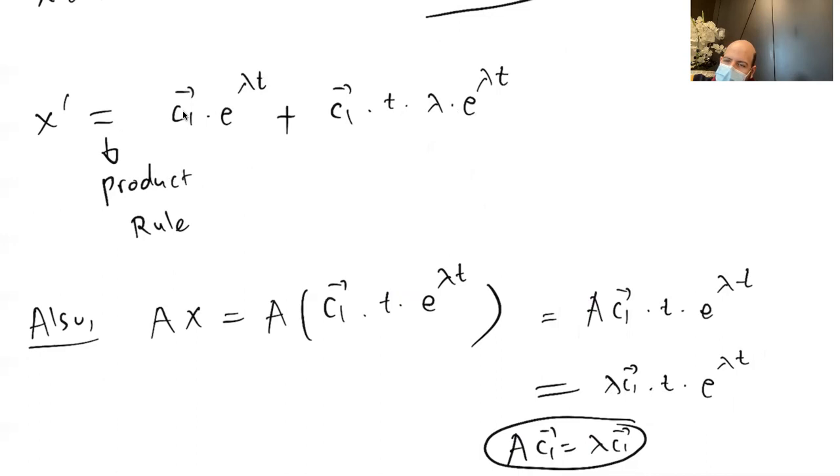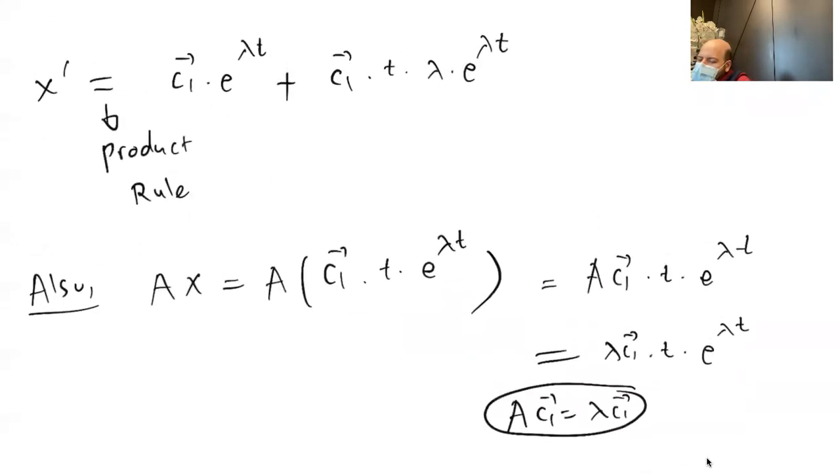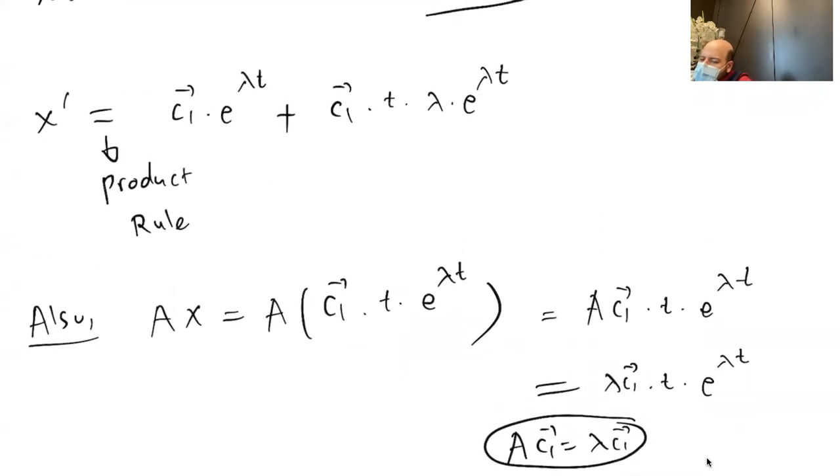Eigenvectors are always non-zero, and exponential functions are also always non-zero. So this part is non-zero, and the other two parts are the same. Let me call this expression star, and this one 2 star.